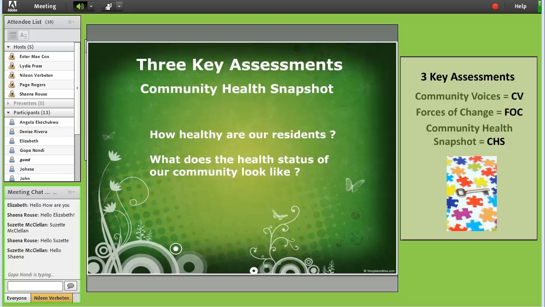A broad range of data can be collected and serves as the foundation for analyzing and identifying health issues, and also to determine where your community stands in relation to peer communities, or in your state, or in national data with other states.